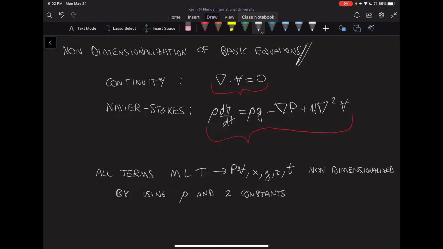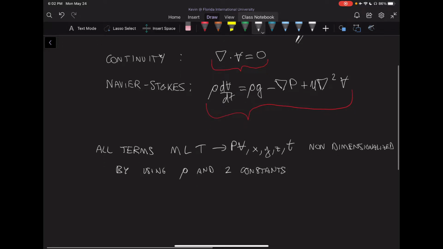So these two constants that we're going to talk about are our reference velocity and reference length. We're going to have a reference velocity for a flow called U. Okay, it's a capital U. And we're going to have a reference length called L. Those are going to be our two reference constants.